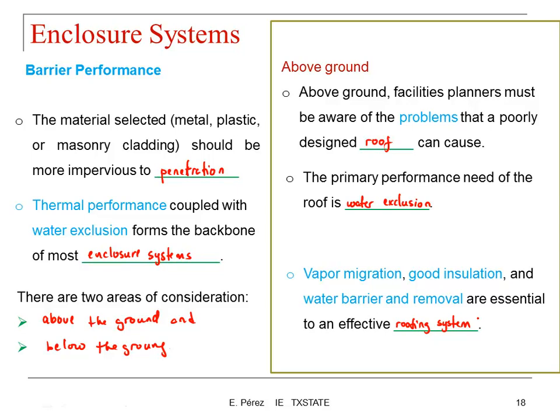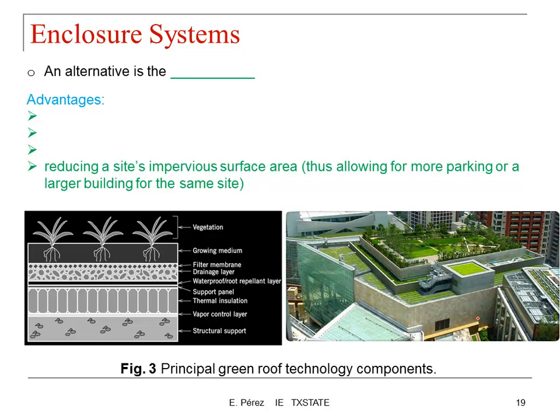And again, there are other ideas that you can take into account now in these times for designing your roof. One of those ideas is what is called a green roof.